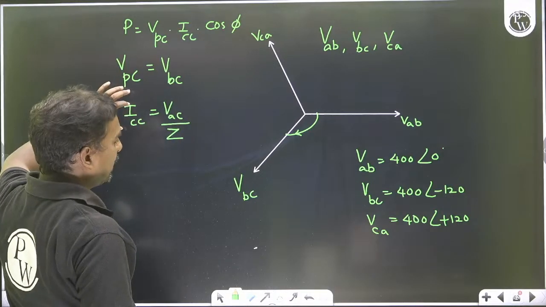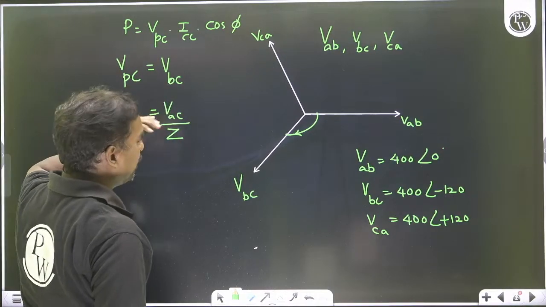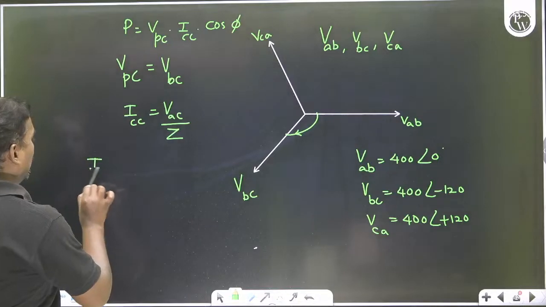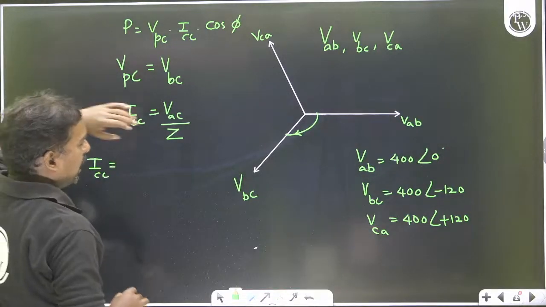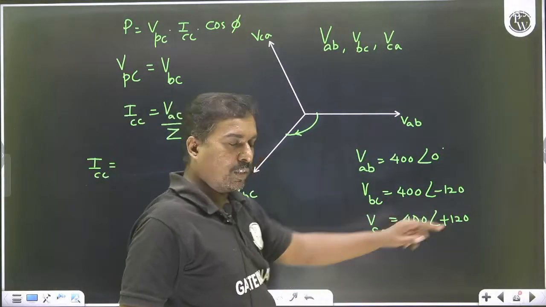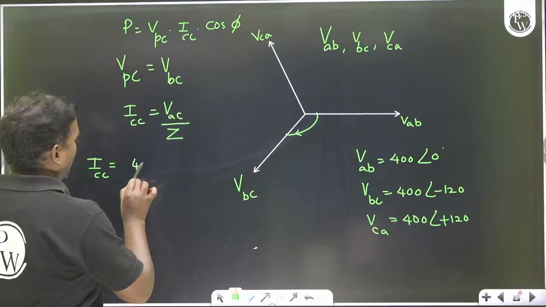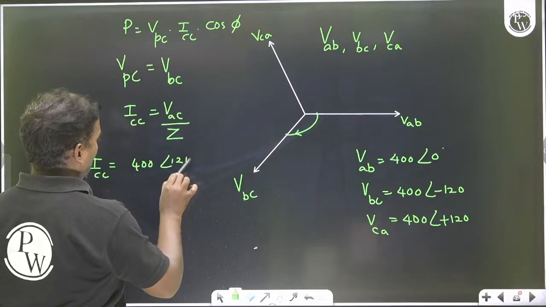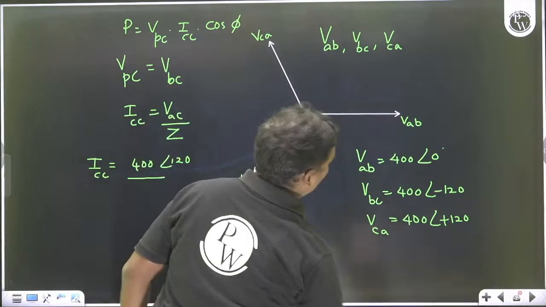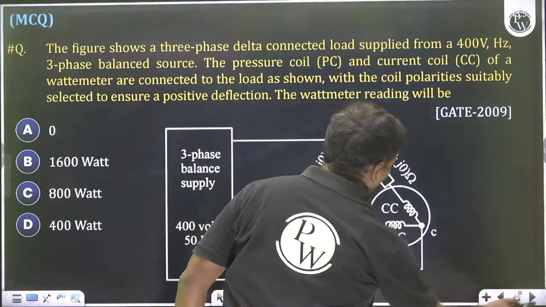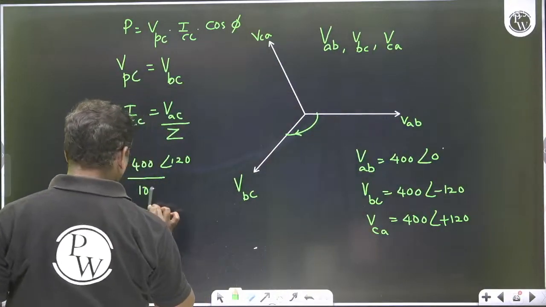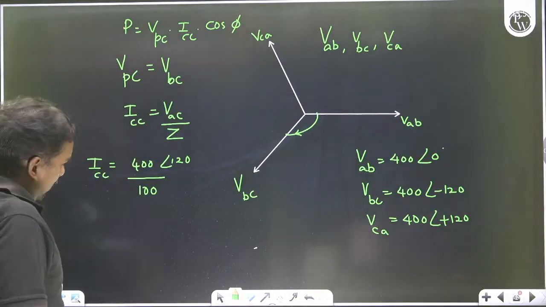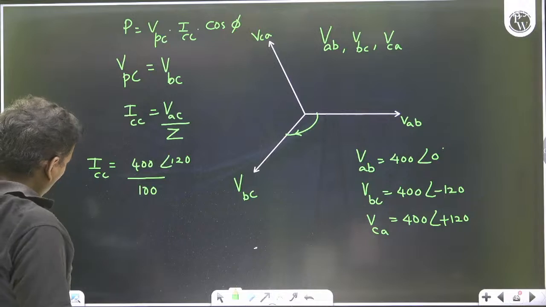So what is ICC? ICC is nothing but VCA by Z. So this is VCA, 400 at plus 120. What is Z? Z is this 100. Am I right?